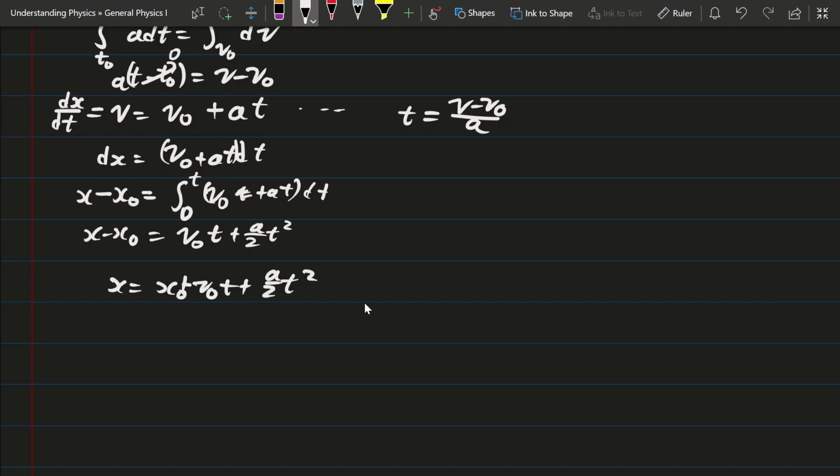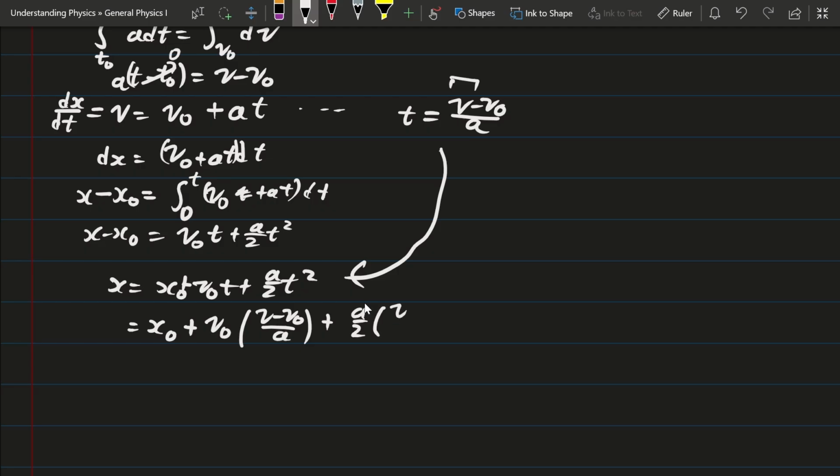So this equation tells you at which point in time you would get a certain velocity. And if you substitute this value here, you would get x0 plus v0 multiplied by v minus v0 over a, plus a over 2 times v minus v0 over a, squared.